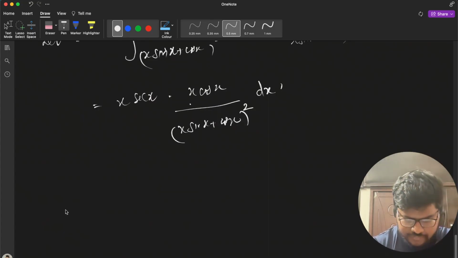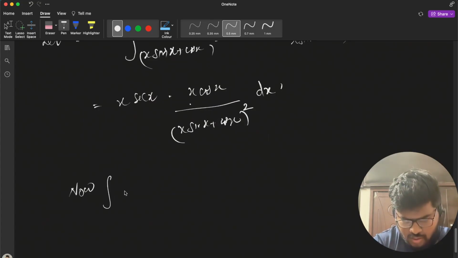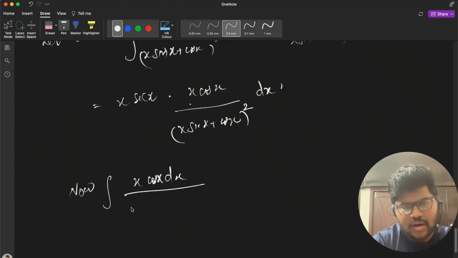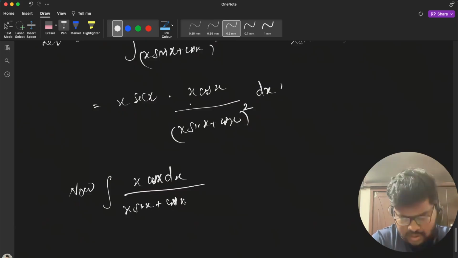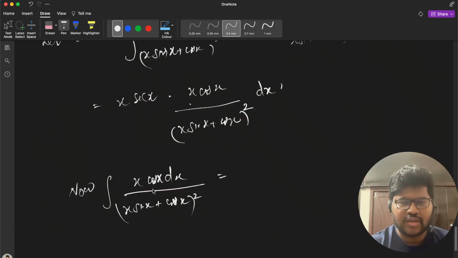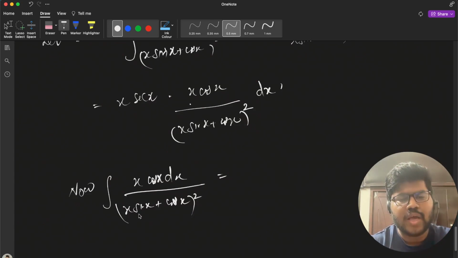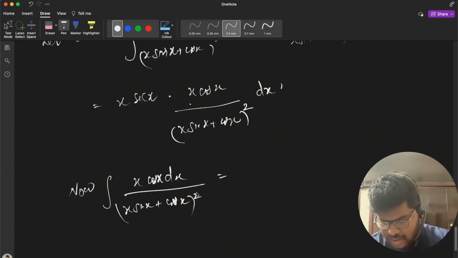Now what I will do, now this is x cos x dx divided by (x sin x plus cos x) square. So now if we closely observe this x cos x upon x sin x plus cos x, if I put x sin x plus cos x as t, then this would be x cos x plus minus sin x, right?